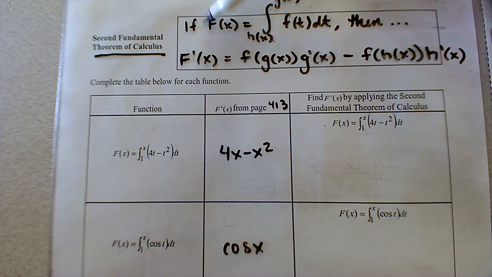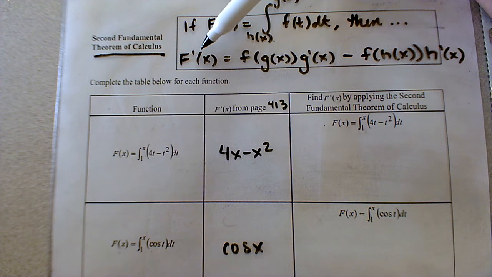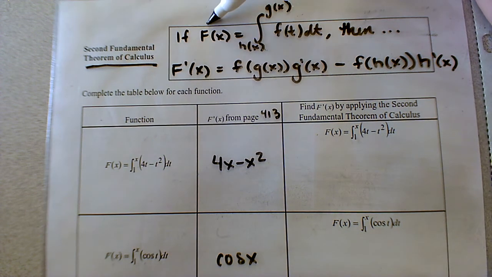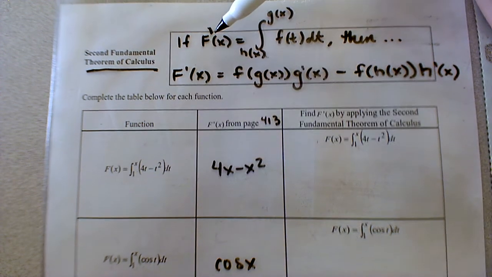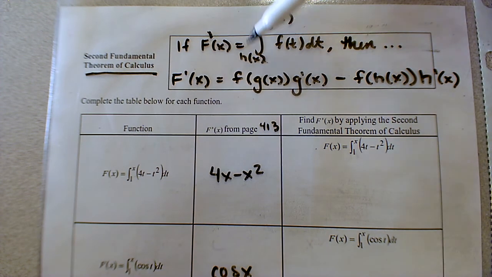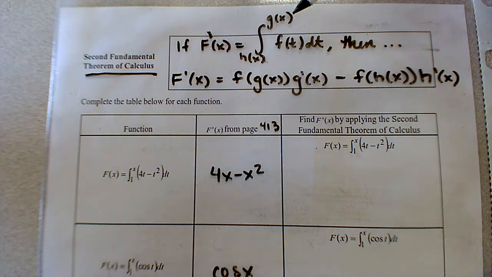Now we're starting to get into variables in those bound locations. So let's say that some function capital F of x is defined as this integral. Well, if I want to take the derivative of capital F, meaning if I want to put a prime mark on this side, we have to think about what's going to happen to the right side. And if you really think about how the connection between integrals and derivatives are related to each other, it kind of makes sense that an integral is initially telling us to work backwards, aka find an antiderivative.